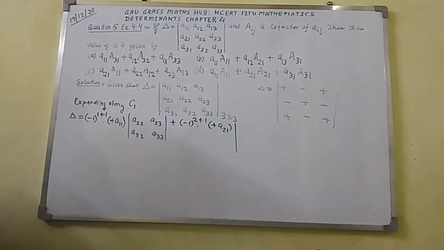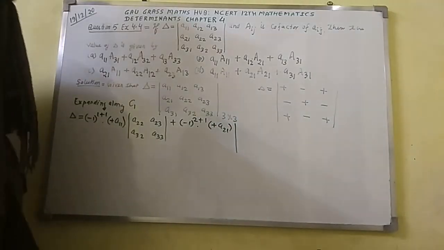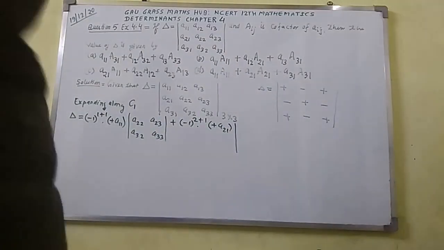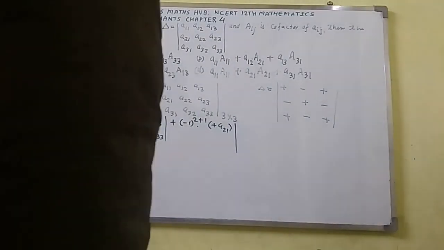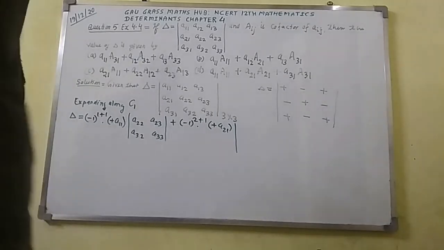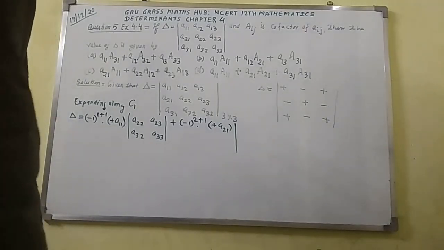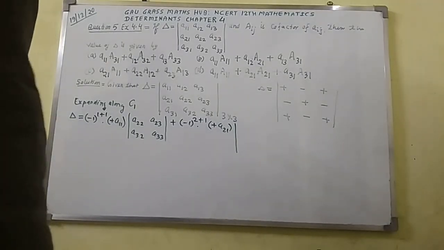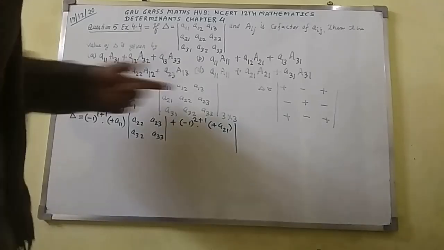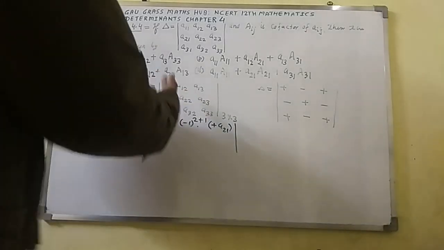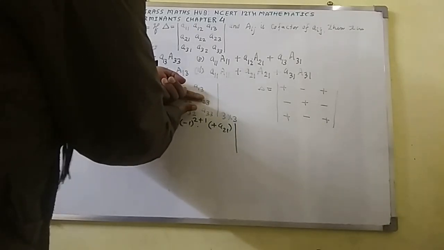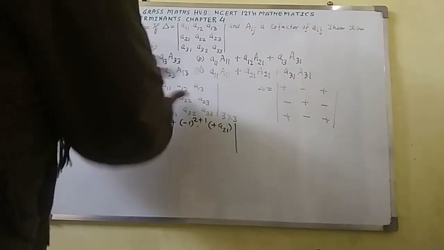Now get the minor of a21. a21 is there in the second row and first column. The second row and first column will be hidden. You will get the minor of a21.